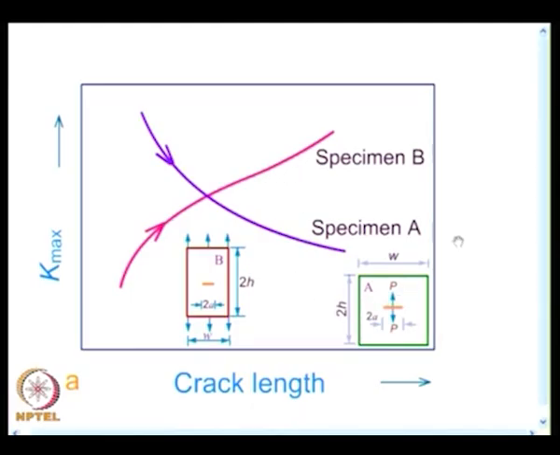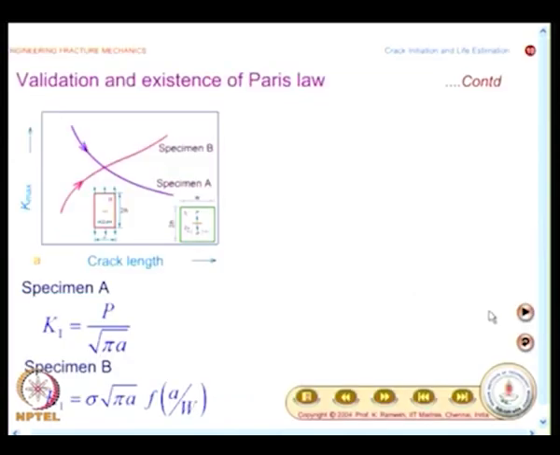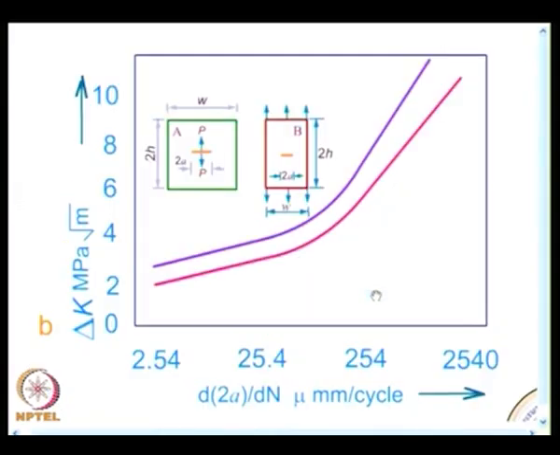So, when they performed the test, what they found was that for both of these you could get a meaningful graph wherein the x axis is d2a by dN. I will magnify it for you. You have d2a divided by dN, on the y axis is delta K.